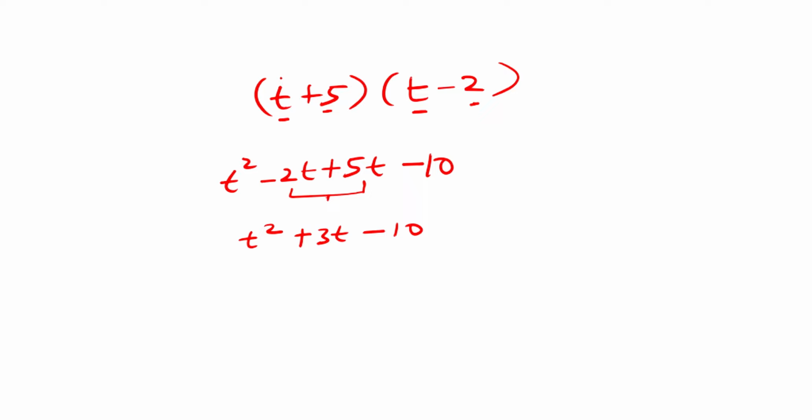And of course, this is a quadratic expression because we had a common variable in both binomials. When we expand binomials where there is a common variable in each of them, we end up getting a quadratic expression.